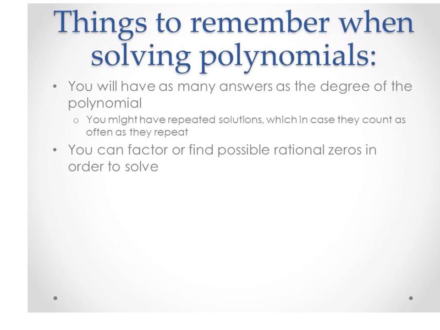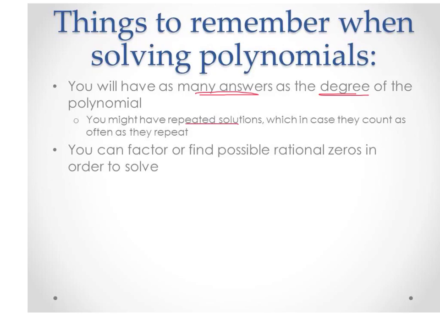So what this is saying is that you're going to have at least one root. Some things to remember when you are solving polynomials is that you're looking for as many answers as your degree. So if your degree is n, you're going to have n roots. Sometimes you might have repeated solutions, and if you have a repeated solution, let's say 3 happens twice, you do have to count that twice to get all the way up to as many zeros as you're looking for.